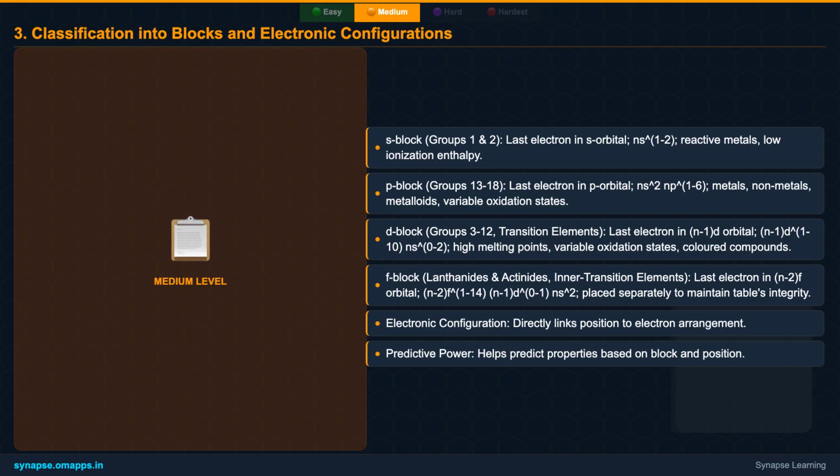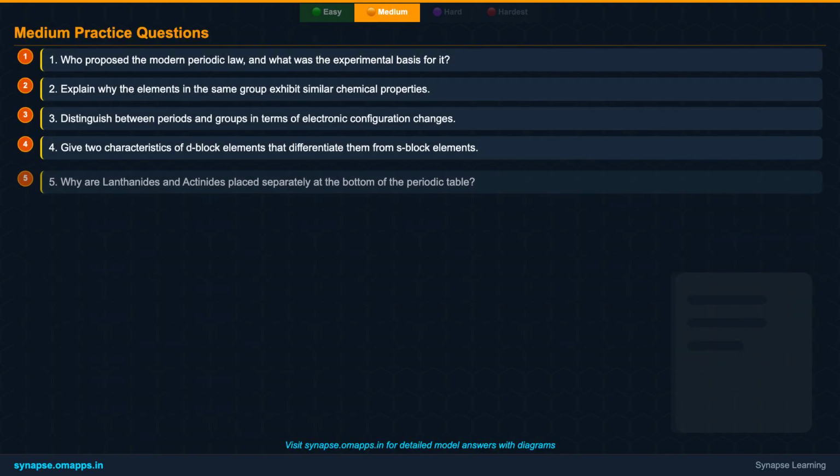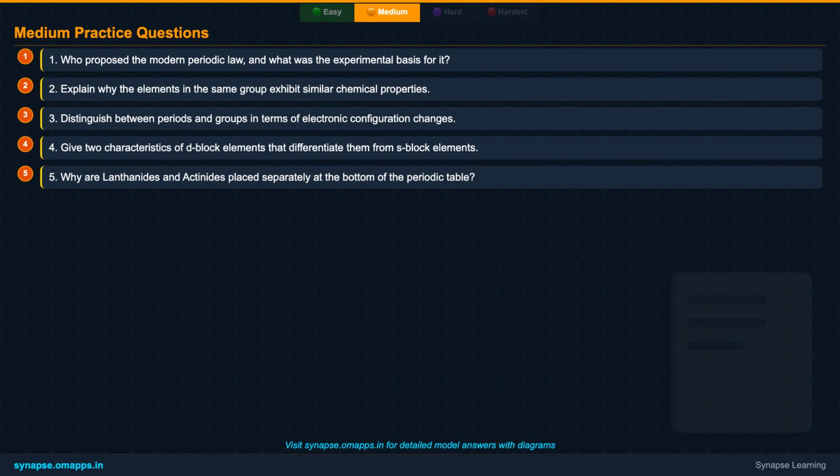The D block elements are transition metals, known for their variable oxidation states and colored compounds. Finally, the F block, comprising lanthanides and actinides, are placed separately to maintain the table's structural integrity, representing inner transition elements. Now, let's challenge your understanding with 5 medium-level questions.